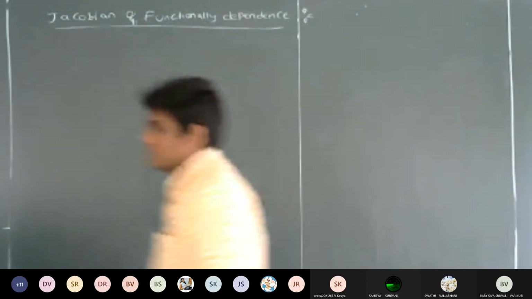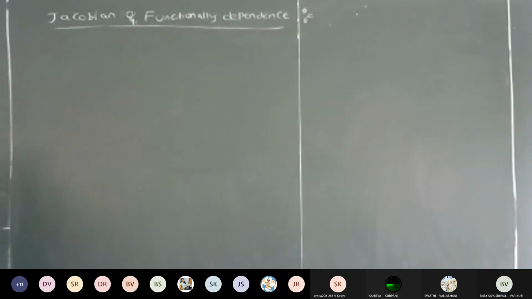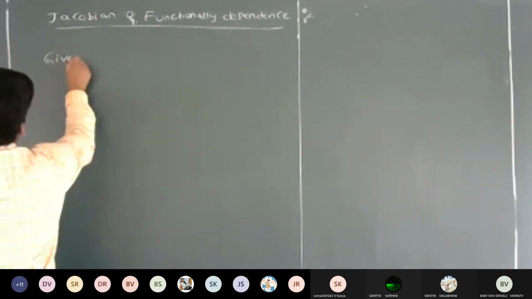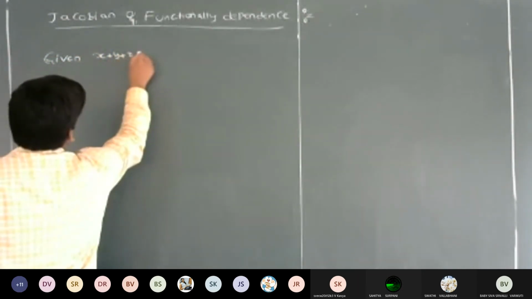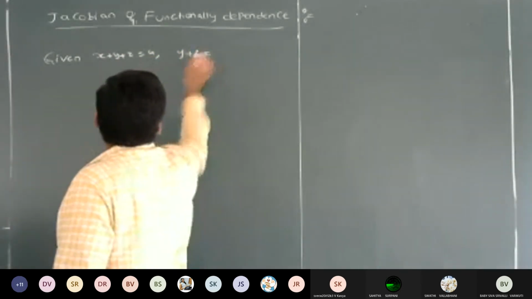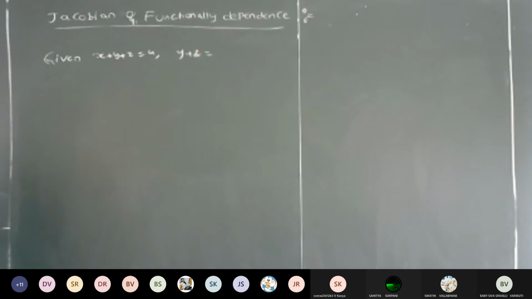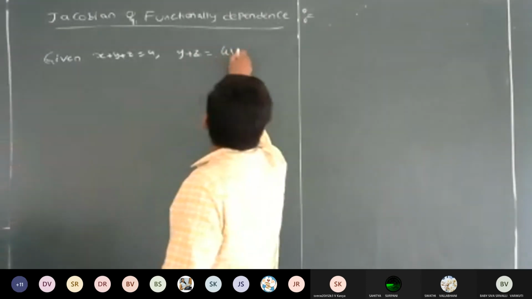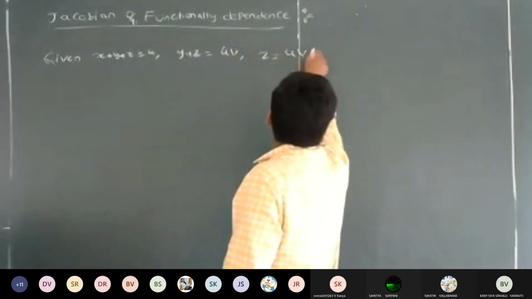Write down the problem related to the Jacobians. Then after that we will go to the next problem, the functional dependence concept. Given x plus y plus z is equal to u, y plus z is equal to uv, and z is equal to uvw.